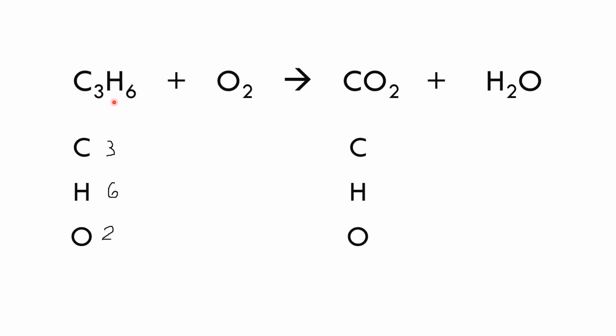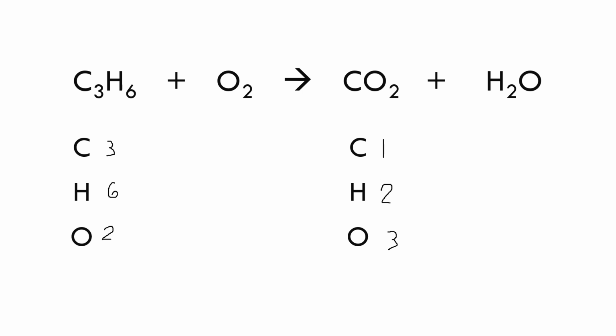This 6 goes to the hydrogen, there's 6 hydrogens, and this 2 goes to the oxygen. We can come over here and do the same thing, but now there is a little bit of a tricky situation. We have oxygen in 2 things. We have oxygen right here and oxygen right here. Our count for carbon is 1, our count for hydrogen is 2, and then our count for oxygen is 3.